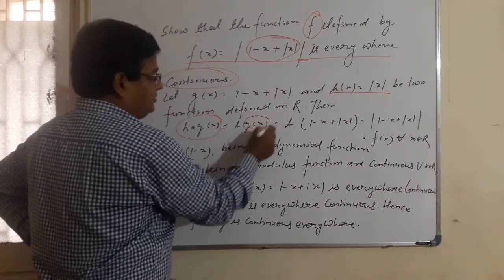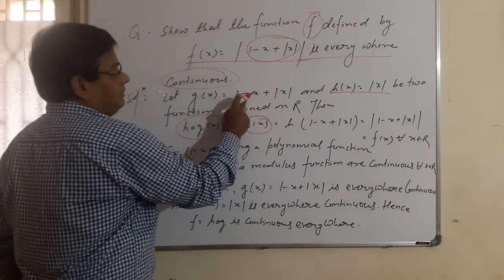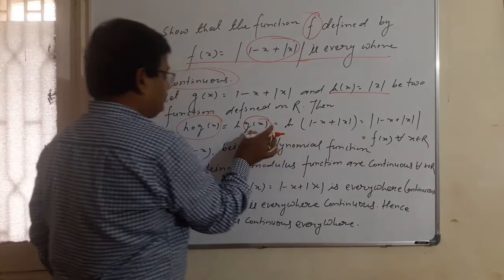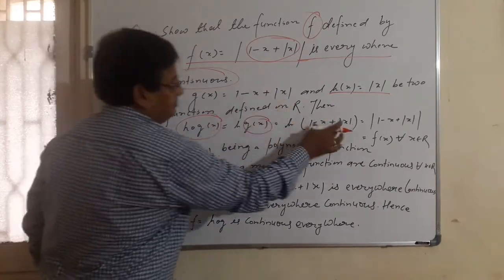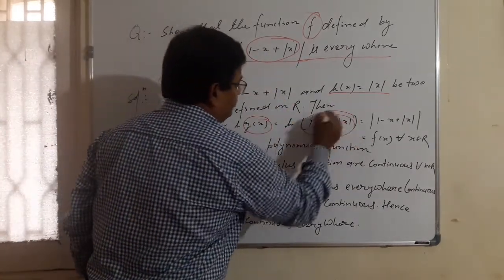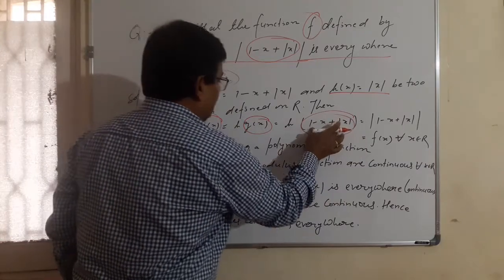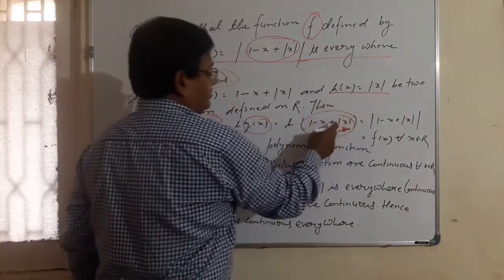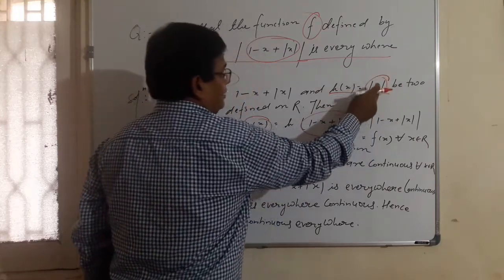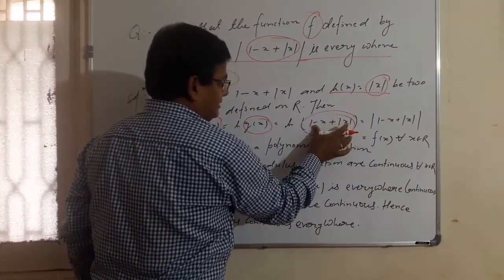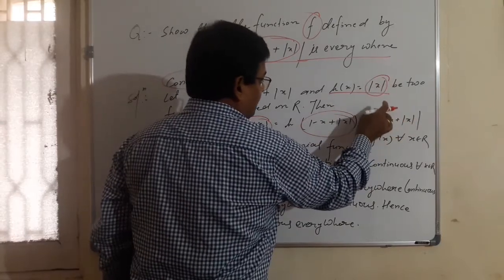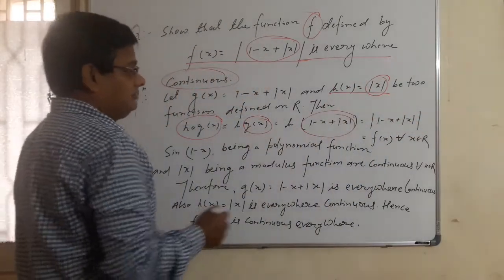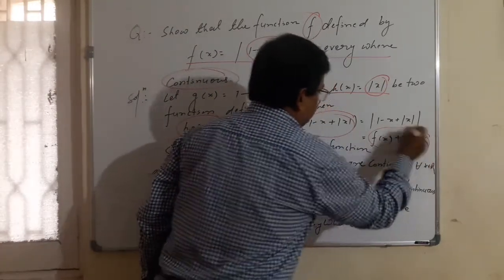So now g(x) is 1 minus x. Now this one is suppose x. So what is h(x)? h(x) is your mod of x. So put here, and we have mod of 1 minus x plus mod of x, and this is equal to f(x).